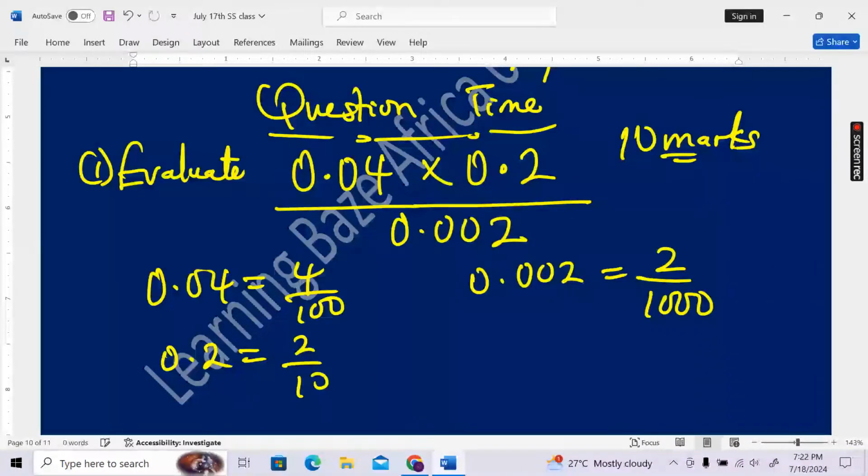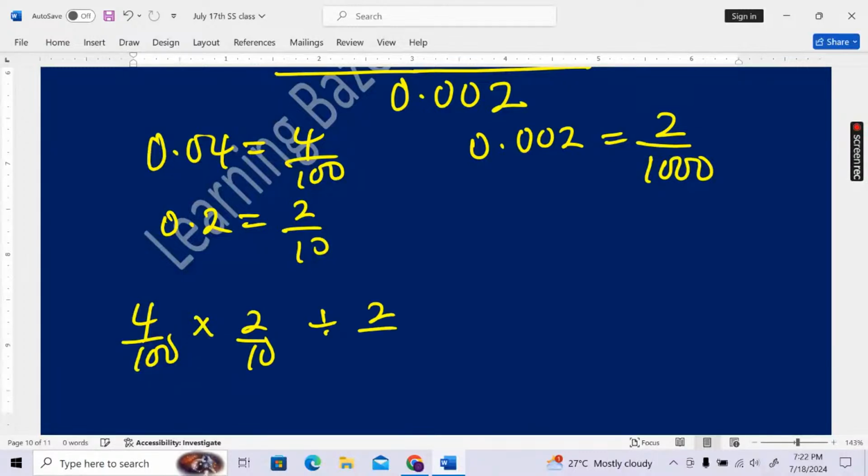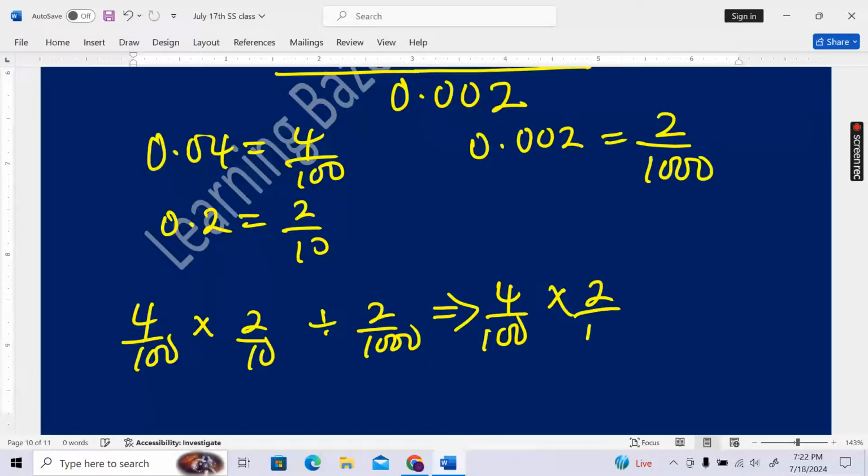Okay, so now let's evaluate everything. So we have 4 over 100 times 2 over 10 divided by 2 over 1000. And that will be equal to 4 over 100 times, change to multiplication, then that is 2 over, that will be 1000 over 2.